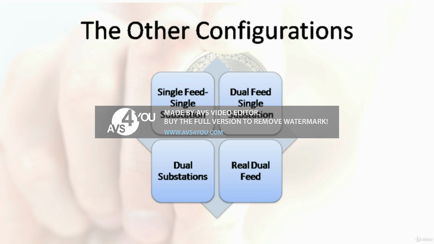With this one, there's no throw-over switch, and both feeders, each from a different substation, are directly fed to the facility. And inside, each should be redundantly supplying power to your assets or rigs. This last one is going to be very reliable, but it's also going to be very costly as well.